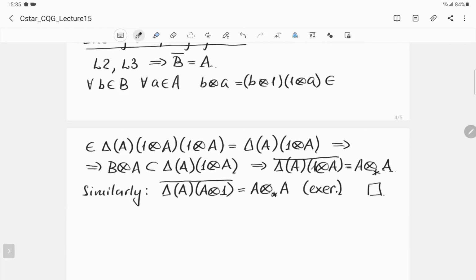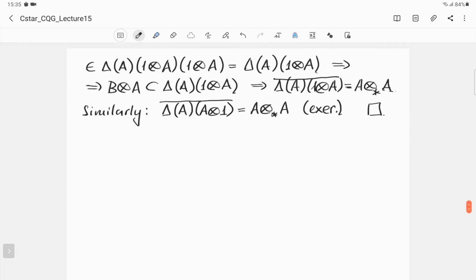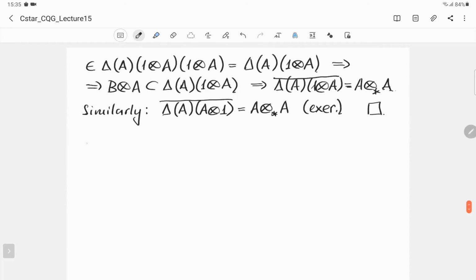So we see that each compact matrix quantum group is a compact quantum group. Okay, let's now come back to the quantum SU2 group, and let's show that it is a compact matrix quantum group. So as a result, we will see that it is a compact quantum group. We have the following proposition.